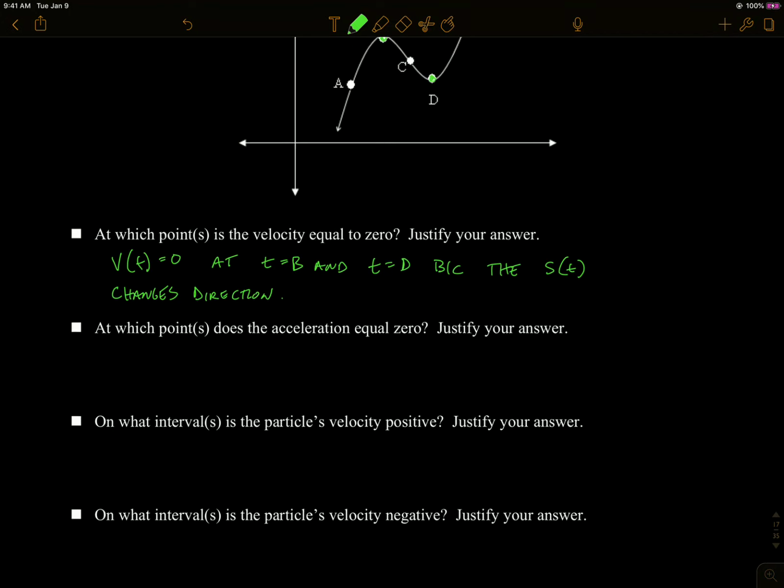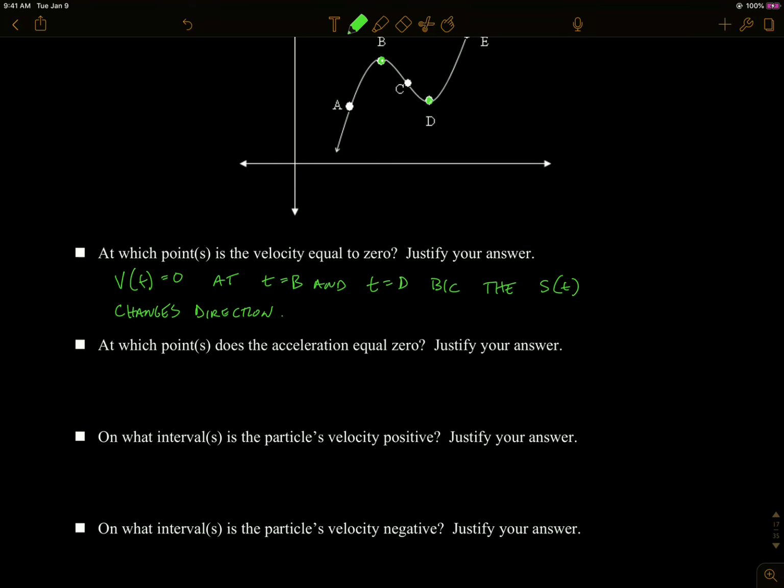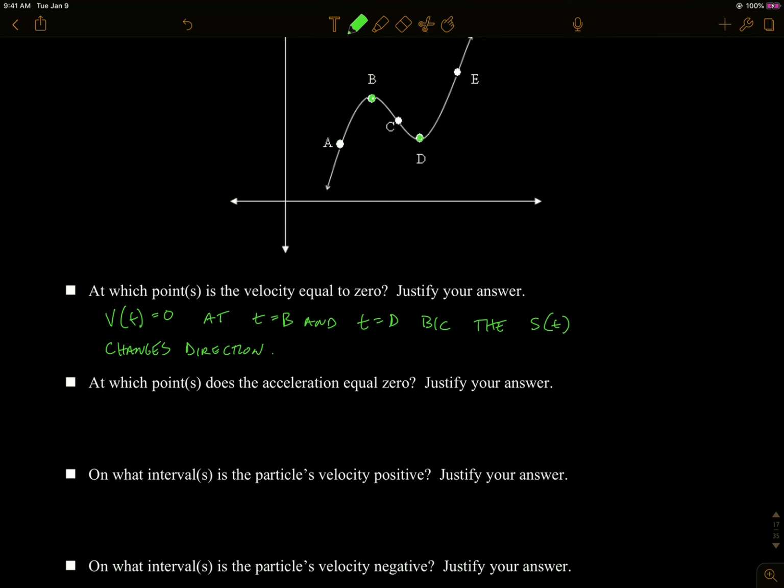At which points does the acceleration equal 0? So now acceleration equaling 0 would be when the derivative equals 0. Acceleration is the second derivative, so we know that on the original graph we would have a point of inflection. So it looks like our point of inflection where concavity changes, right?